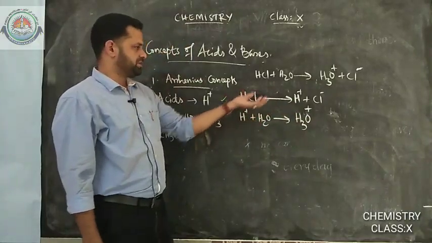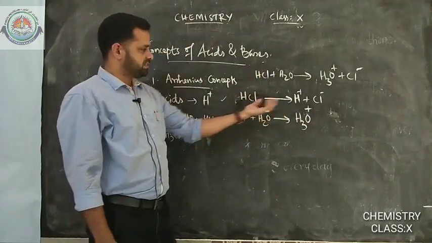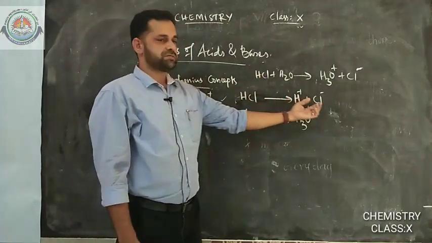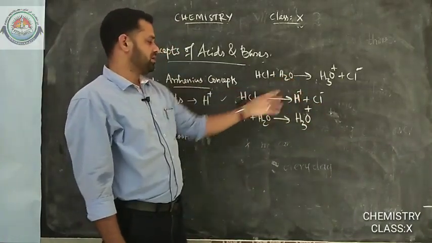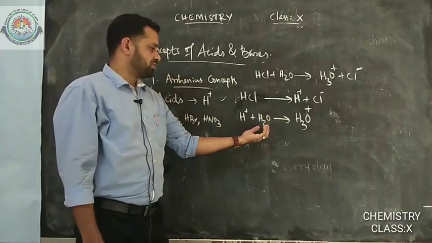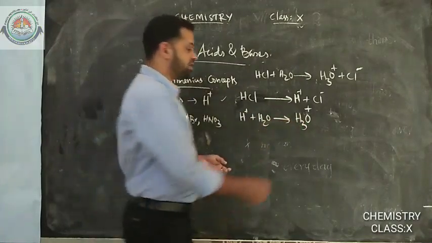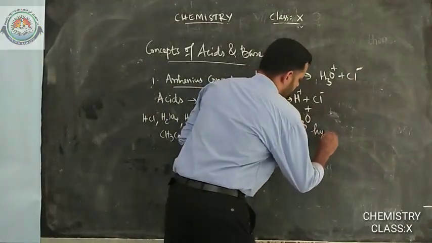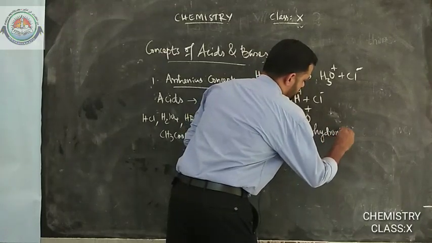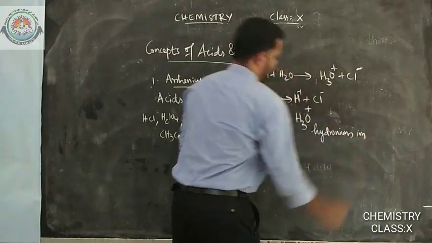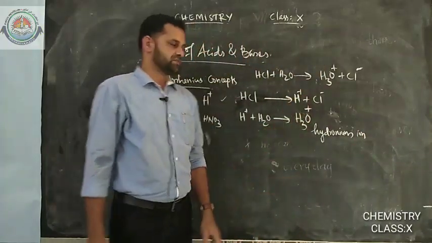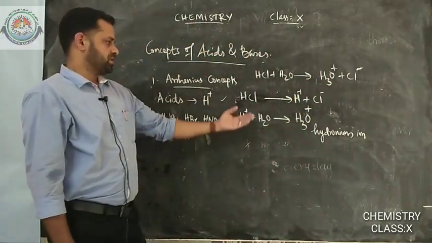I have split these reactions: HCl forms H plus Cl minus, and the hydrogen ion formed reacts with the water molecule and forms hydronium ion, H3O plus, that is called hydronium ion.